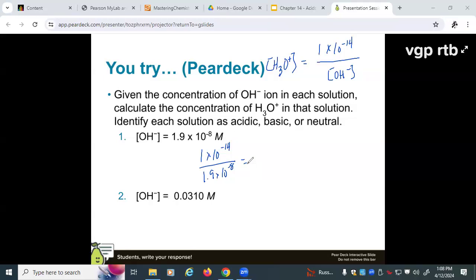Otherwise, make sure that you put that denominator in parentheses so that it does not accidentally multiply your answer by the exponent instead of dividing. Regardless, 5.3 times 10 to the negative 7 molar is the concentration of the hydronium.